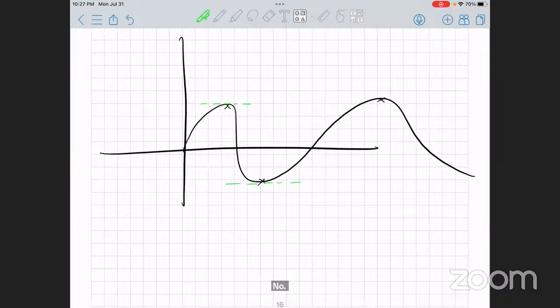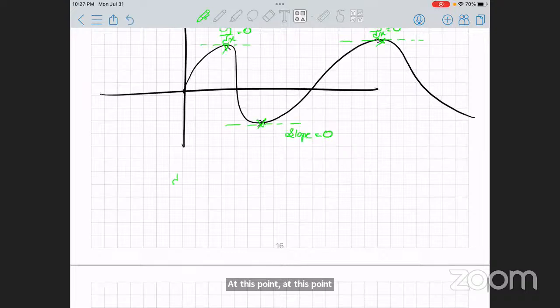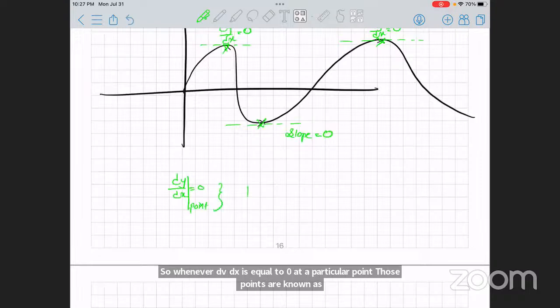Horizontal lines mean slope is equal to 0, so dy by dx equal to 0. Whenever dy by dx is equal to 0 at a particular point, those points are known as critical points.